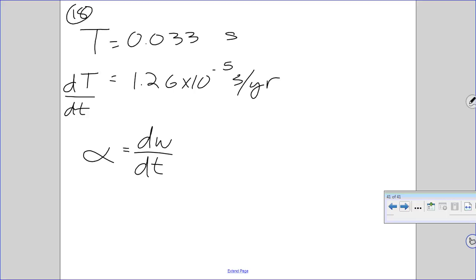All right, so what we need to do, this period is related to the angular velocity, right? So what this is telling us is that at this instant, our angular velocity is 2 pi radians over 0.033 seconds, right? Does that make sense? That's my angular velocity, right? Good?